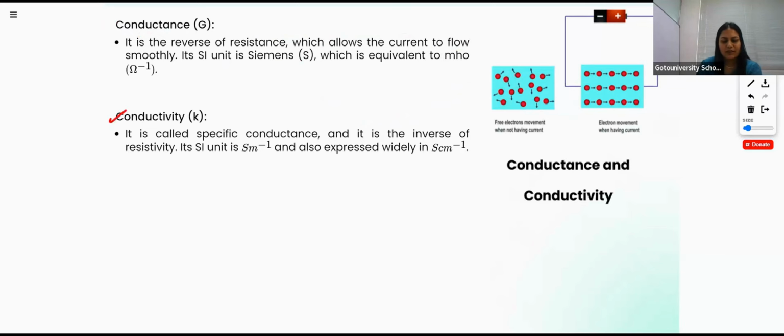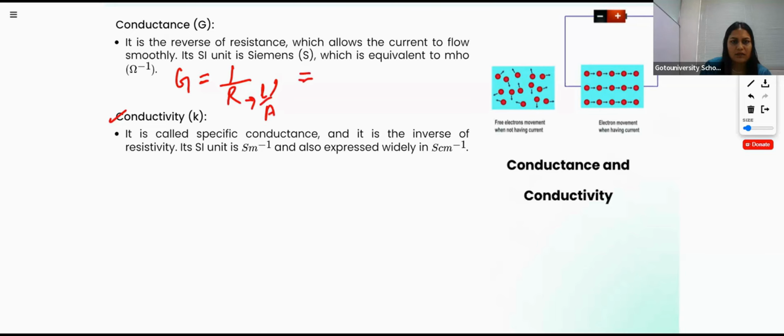Now what is conductivity? For conductance we can also try the relation as we have done for resistivity. Conductance, that is G, is the reverse of resistance, or G is equal to 1 by R, where resistance was L by A, right?